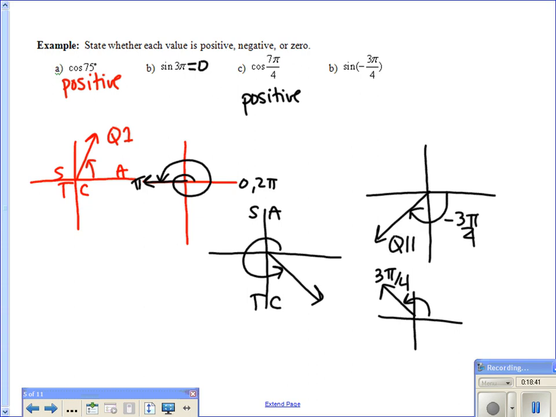That means we're in quadrant 3, because remember, negative angles go in the clockwise direction. Since we're in quadrant 3, with "All Students Take Calculus," tangent and its reciprocal are the only ones positive in quadrant 3, so the sine trig ratio here is going to be negative. And again, that's why it's helpful to use "All Students Take Calculus" and know whether it's positive or negative.